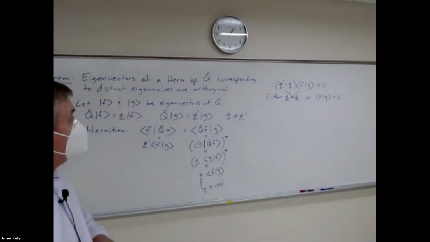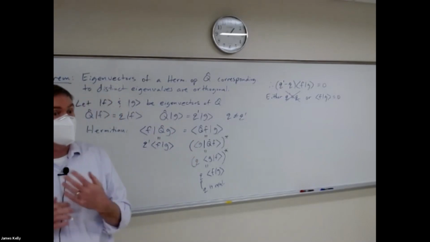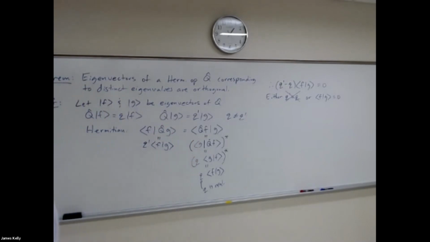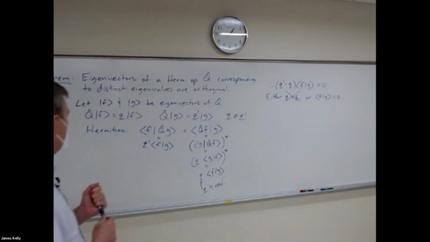But we'll see this happen all the time in 3 dimensions where we get degeneracy. And we've already seen that even in 1 dimension, if you have a continuous spectrum, you can get degeneracy. But in the case where an operator has a discrete spectrum, for every eigenvalue, there's always only one corresponding eigenvector in 1-dimensional quantum mechanics.